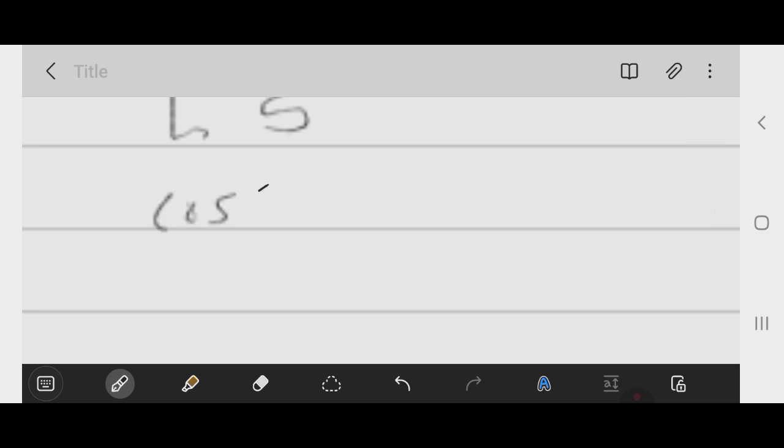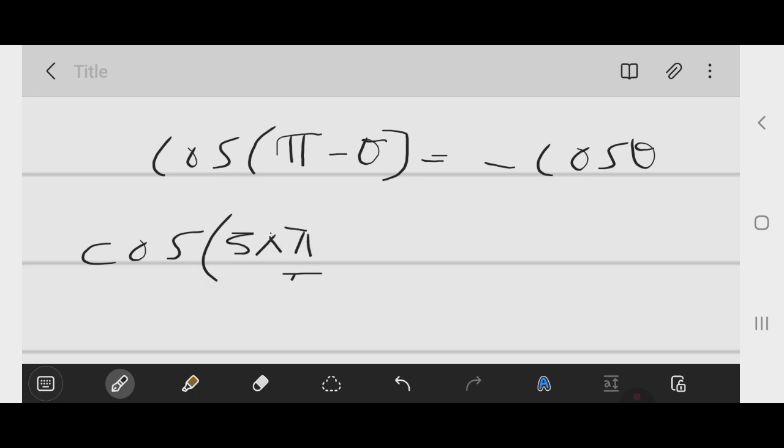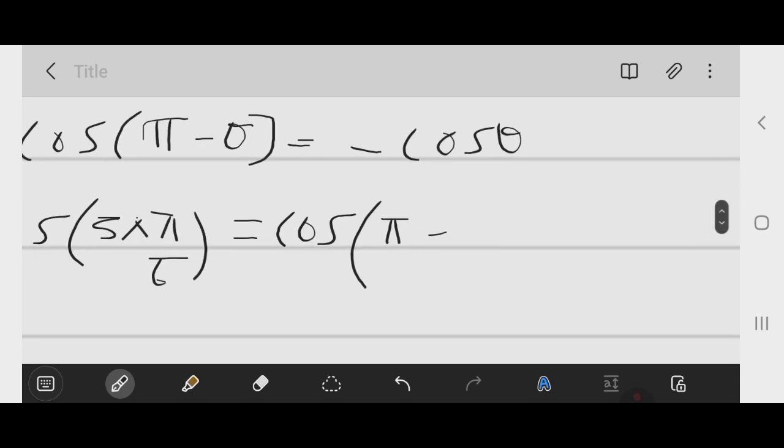Wait a minute, do you remember this identity? Wow. It still applies here. So check it out. This is cos of pi minus pi over 6.